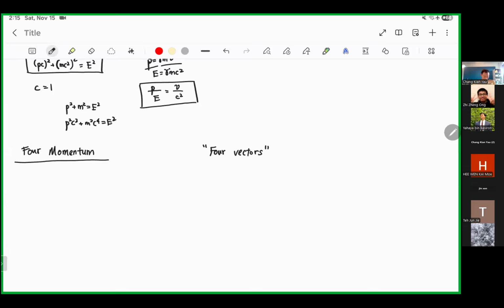One of them is the four momentum. I usually write it like this: E divided by C, Px, Py, Pz. I'll put this here just for you to compare.